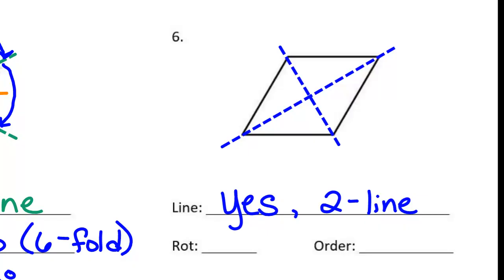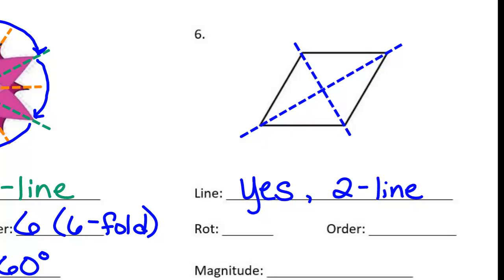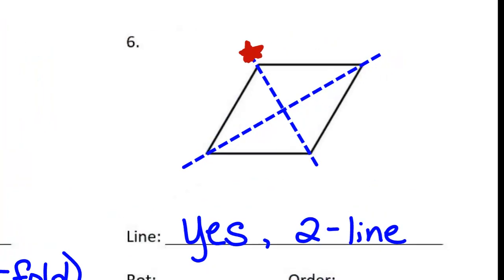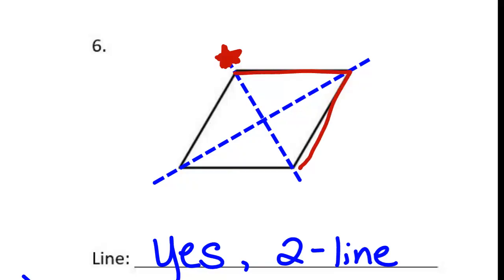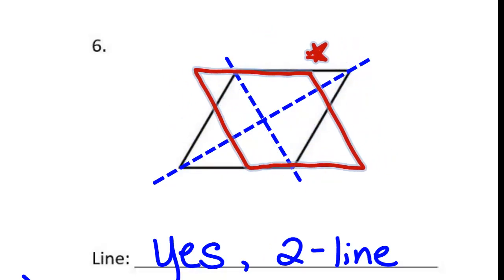Do I have any rotational symmetry at all? Yes. If I start from say this corner right here, can I rotate it here and have it match up perfectly? No, this angle is a lot bigger than that angle, right? If I rotate it like that, here, let me see if I can trace around this and show you what happens. As I rotate, it'd be like this.